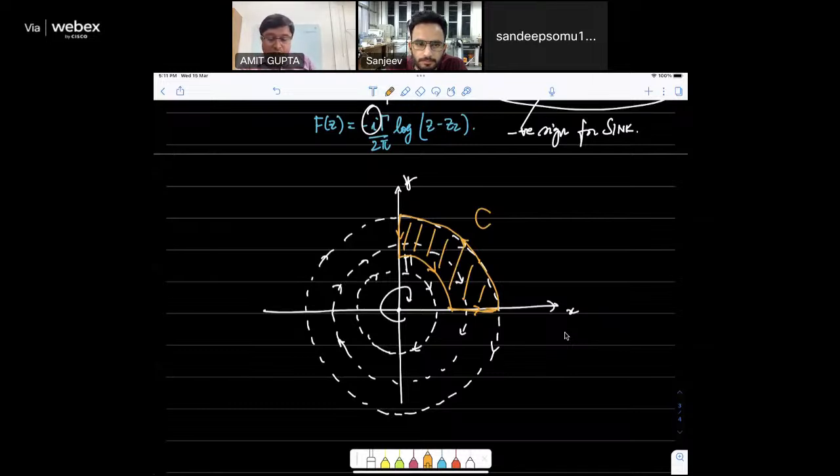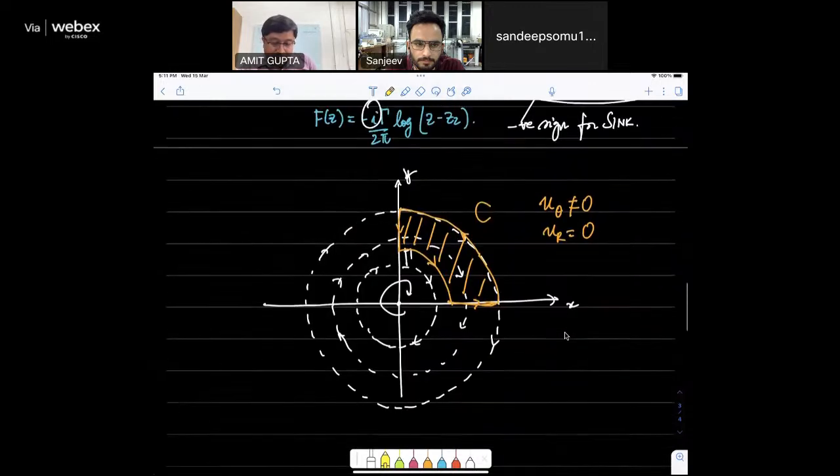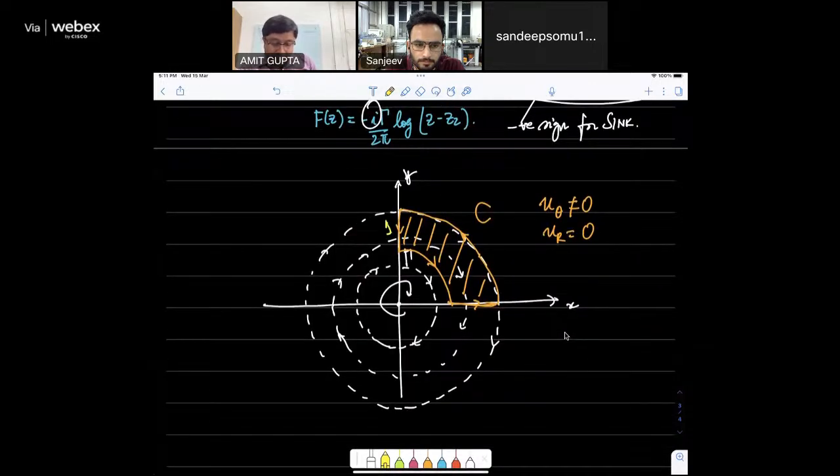I know the velocity on this contour. Remember, there is only u theta in this flow. There is u theta which is not equal to 0, but ur is 0 in a free vortex. There's no radial flow, there's only tangential flow. If I look at the four segments in this contour, segment 1, segment 2, segment 3 and segment 4, contour C comprises 4 segments.